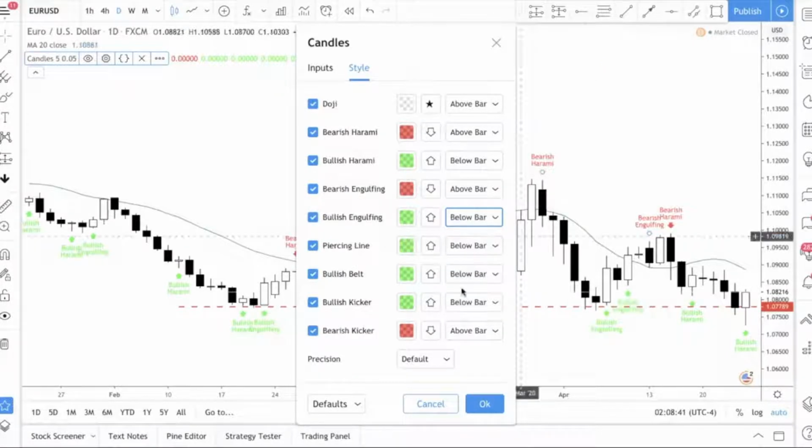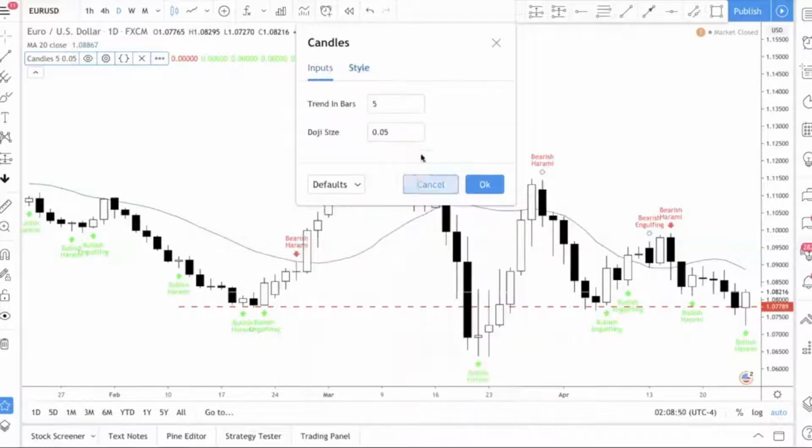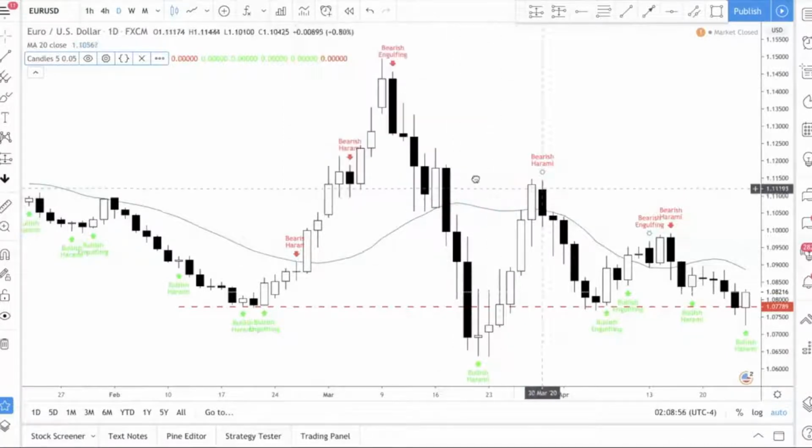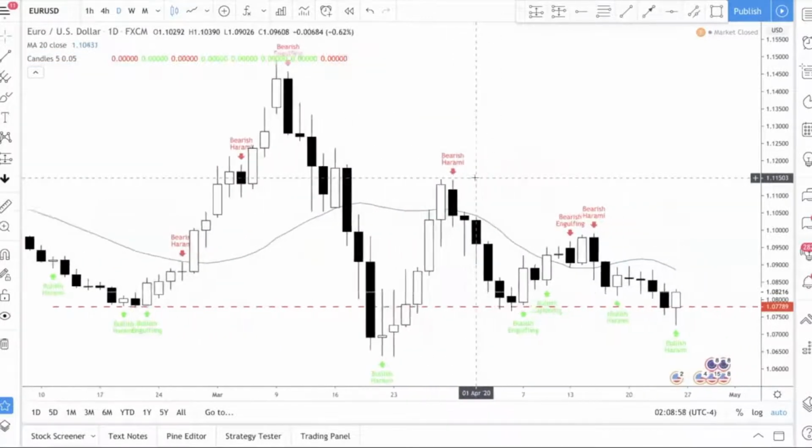To me, I think you should show it below the bar so that you can see it easily. I won't touch too much of this. Honestly, there's no need to touch all this. Over here you have the trend in bar. Honestly, all these settings are not something that I touch. I recommend you just use it as it is.